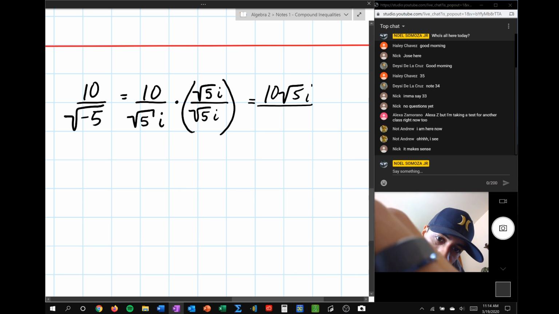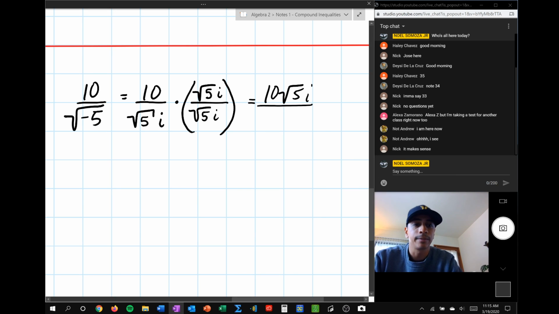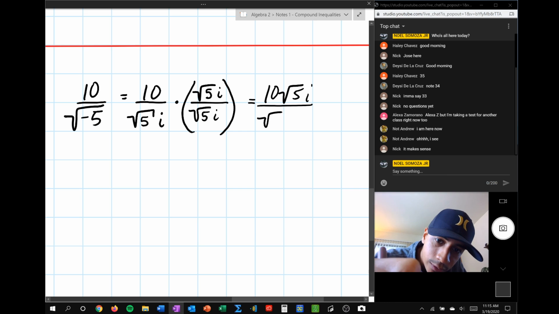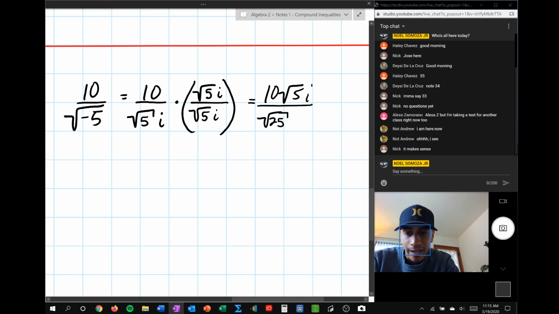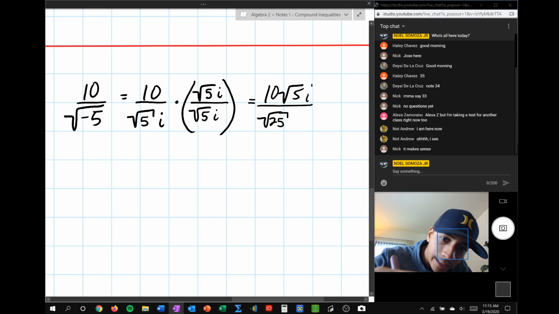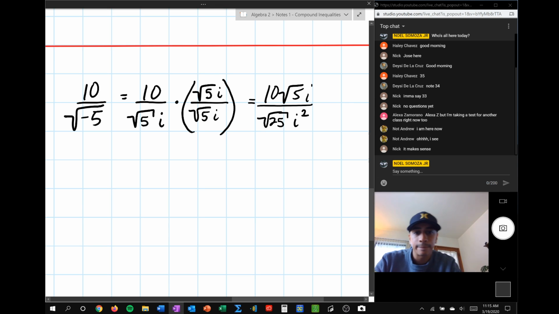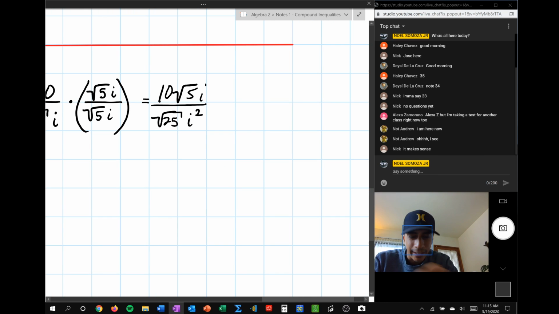Then in the denominator, okay, check it out. I can multiply square root of 5 times square root of 5. That's going to give me the square root of 25. I can also multiply the i times the i together, and that's how I get i squared. Now it looks a little messy, but in the denominator especially, I can clean a lot of that up.